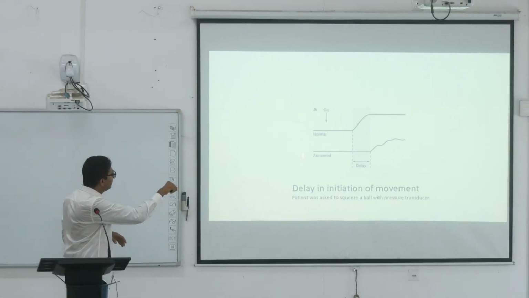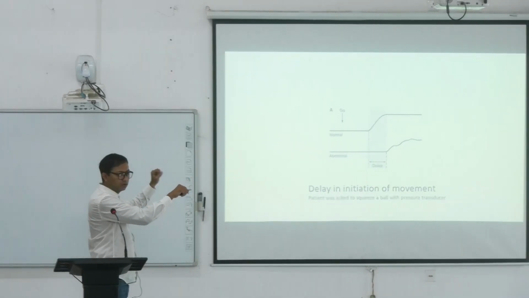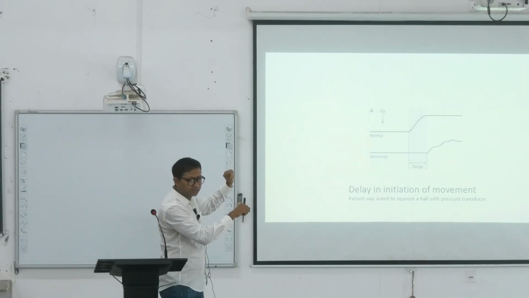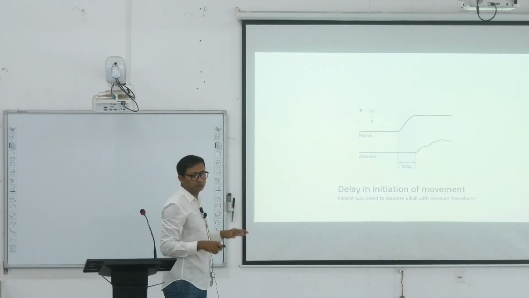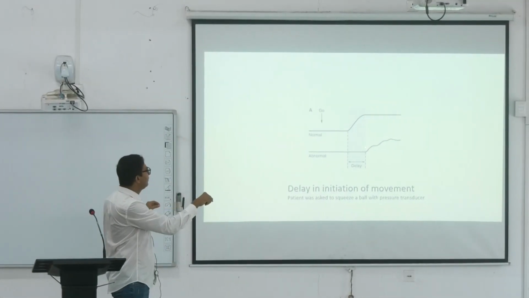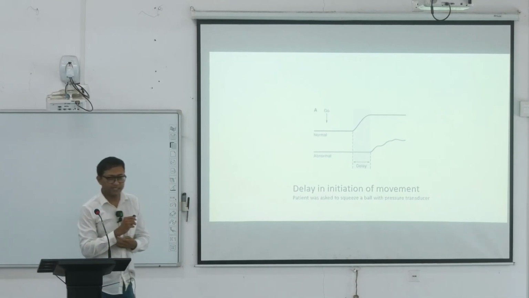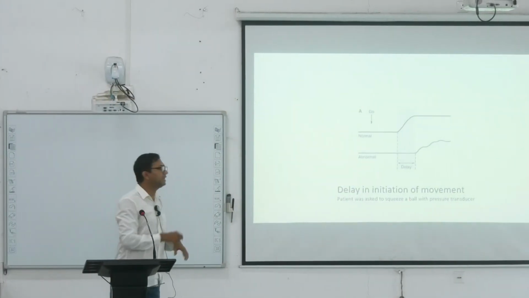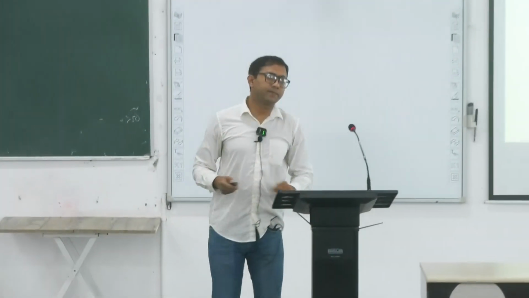But in a case of cerebellar lesion, when the patient is asked to squeeze a ball connected with a pressure transducer, you see initially the pressure is not rising, so that means there is delay in the initiation of movement. And even when the movement is initiated, it is not smooth enough. So delay in initiation of movement is the first point in cerebellar lesion.